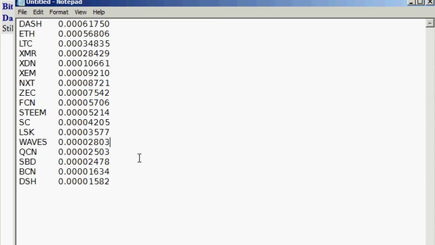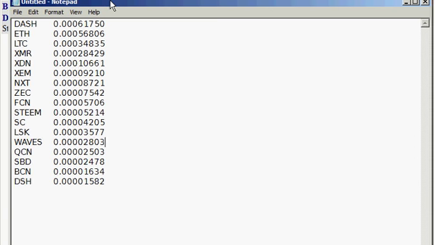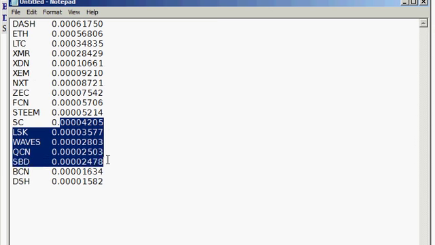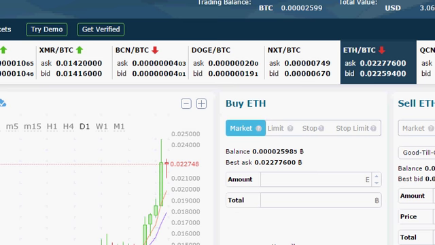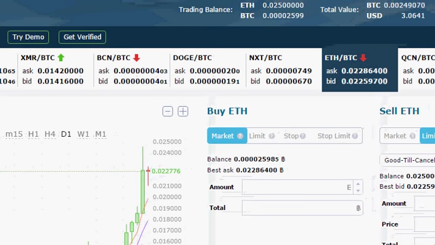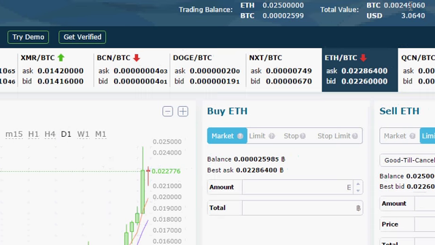Some of them I couldn't put in because the minimum order was too large, and I really only wanted to put in this kind of level with the not so big ones. But it gives me an indicator. So what I did is I went to hitbtc.com, and this is what happens. And right now the index has barely gone up since I've done it.